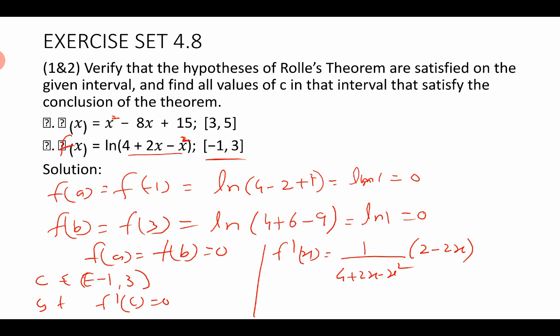F dash of x should be set to 0 to find the c value. The denominator will be 4 plus 2x minus x squared. Now take the negative outside.